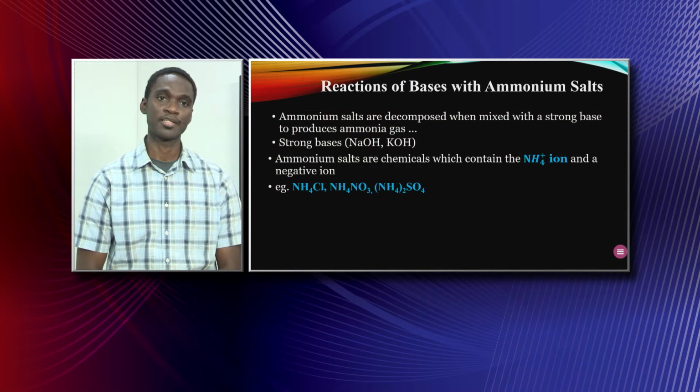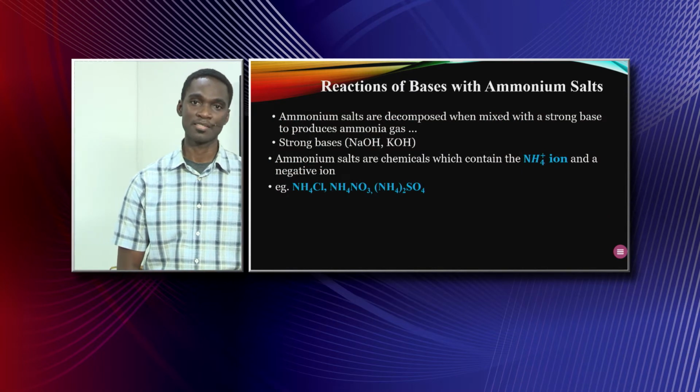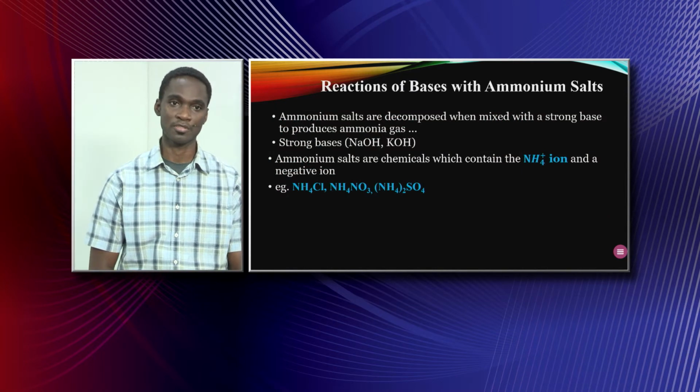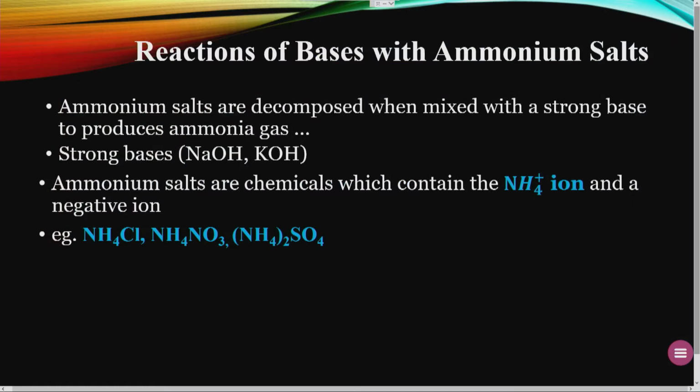We will now be looking at reactions of bases with ammonium salts. Ammonium salts are decomposed when mixed with a strong base to produce ammonia gas. Strong bases are those that constitute sodium hydroxide and potassium hydroxide, or we can say the hydroxides of the group 1 metals.